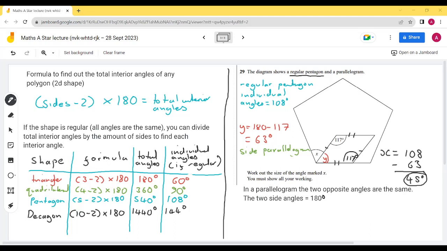Okay, I'll just give a little bit of time to copy this down, and then I'm just going to go back briefly to the previous slide, and then we will move on.